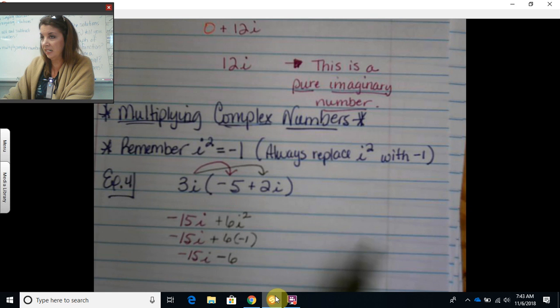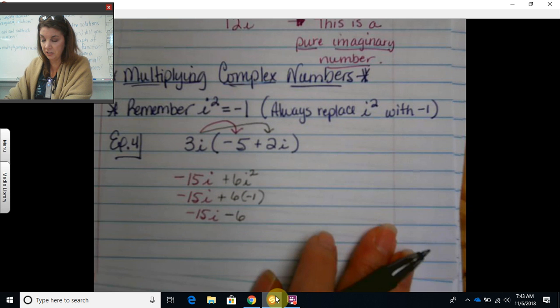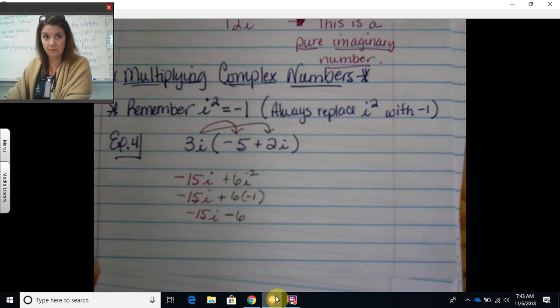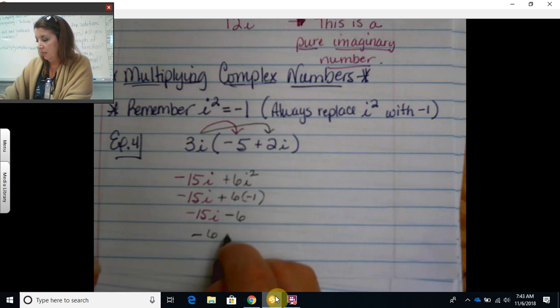So now where we did have that imaginary number there, when we replaced i squared with -1, it turned into a real number, right? So can I combine -15i minus 6? No? Is there anything else I can do? Write it in a plus bi form, right. I need to write the real number on the left side and the imaginary on the right side.